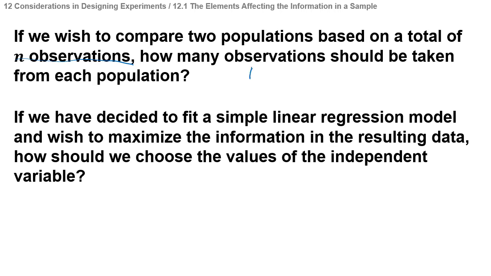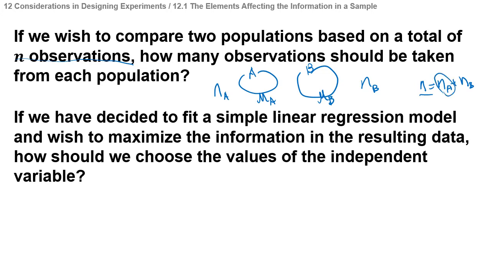So we have population A and population B, and we want to compare the means, mu A and mu B. We can take nA samples from A and nB samples from B. If we have the restriction that the total number n is fixed, then how many can we take from population A and how many from population B? How can we minimize the variance? That's the question that we want to answer.